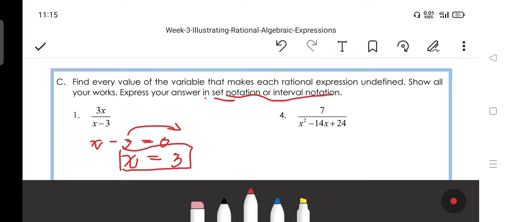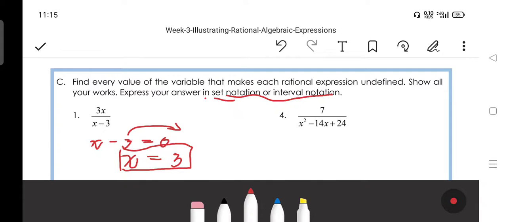If you can express your answer in interval notation, that's good, but it's okay if it is in set notation. So x is equal to 3. How are we going to express this in set notation?